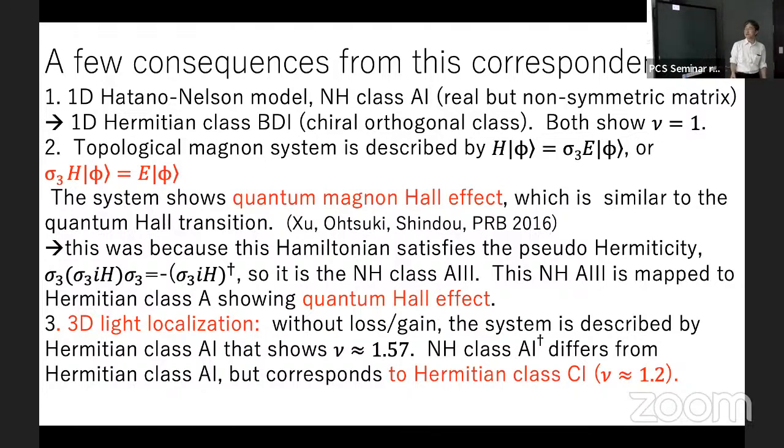Now, if we introduce loss or gain to this light localization problem, then class A1 is mapped to class C1 or the Nambu-Dujan class, and the exponent changes from 1.6 to 1.2. That is what we predict for the 3D light localization.